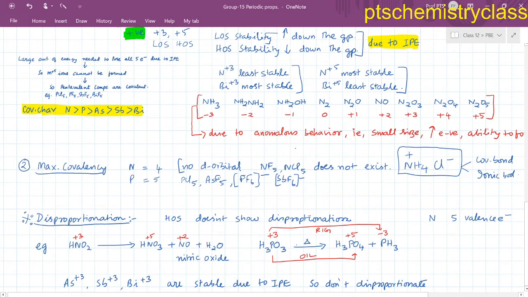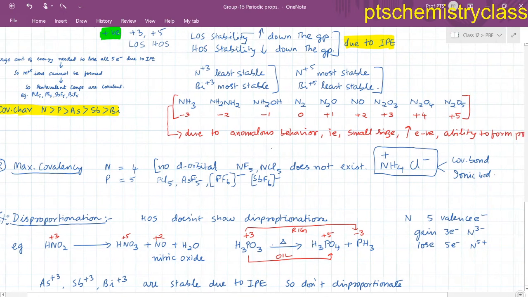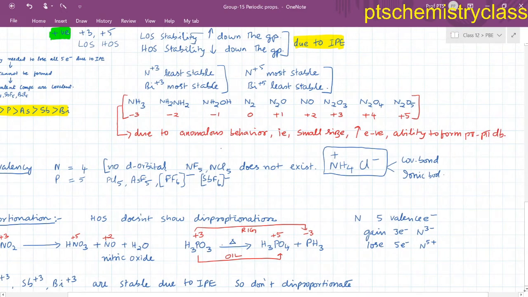Now it can gain 3 electrons to become N3- to attain octet, or it can lose 5 electrons to become N5+. Therefore, the lowest oxidation state of nitrogen is -3 and the highest oxidation state of nitrogen is +5.